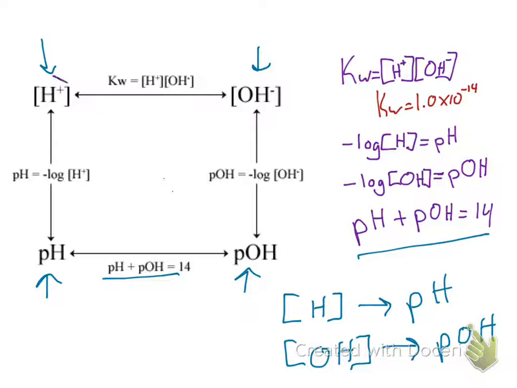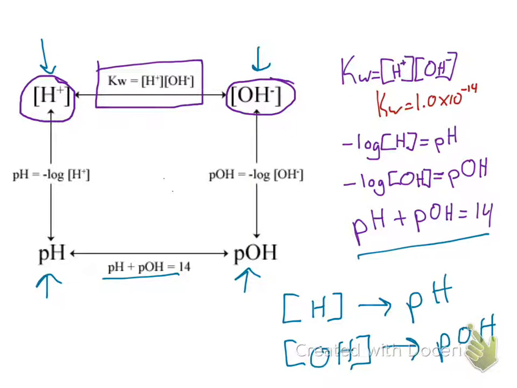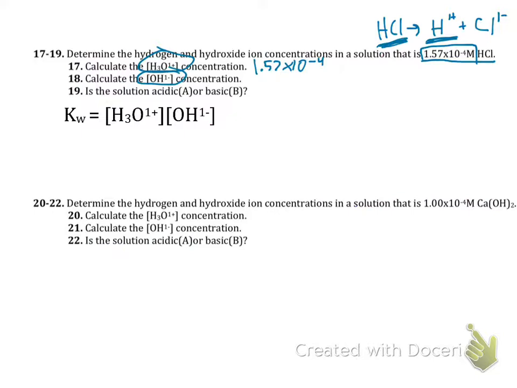Well, we're given the hydrogen ion concentration, and it's looking for the hydroxide ion concentration. So what we're going to end up using is our Kw expression. The reason why we're using that is because if we ever have one of them, we can always calculate the other one, because we know that Kw is 1 times 10 to the negative 14.